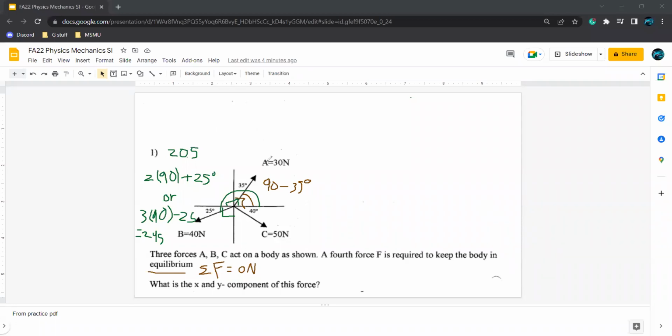It should be minus this angle because you're going that way now. So this is your reference line, and that's minus 25 out of 90, which would be 90 minus 25.